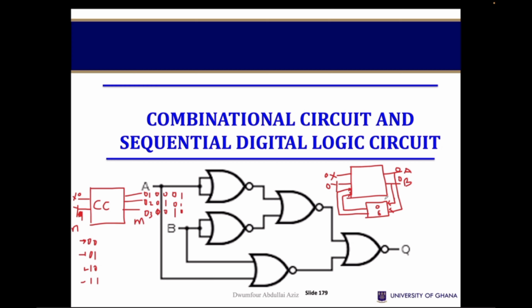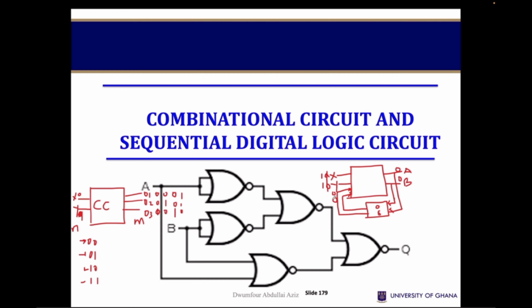So now if this input changes to 1,1, you realize that it is not only this 1,1 that is going to affect the output. The previous output for the 0,0 also comes here. So you have 0 here, 0 here.